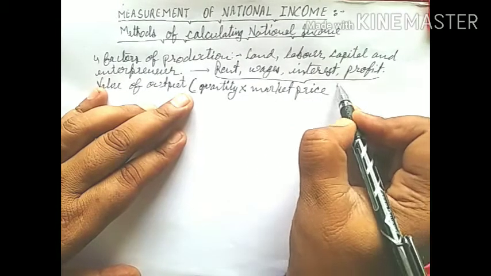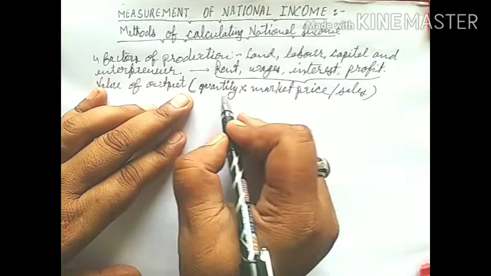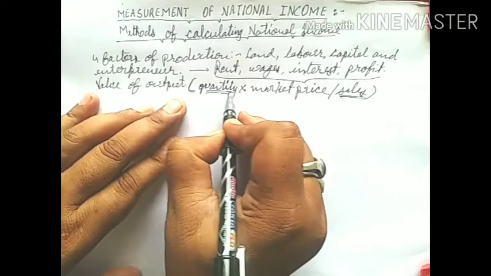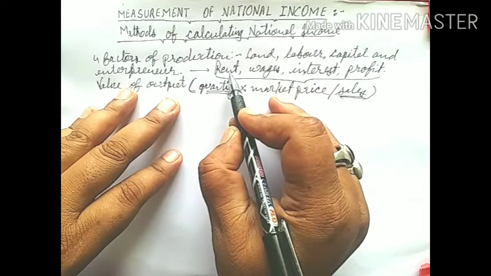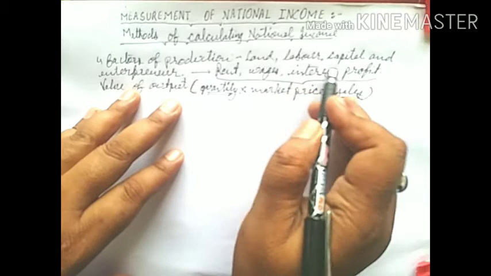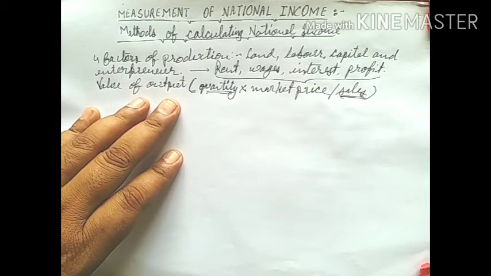Market price is also known as the sales. Value of output means quantity into sales. We get the payment for these four factors of production from the value of output.